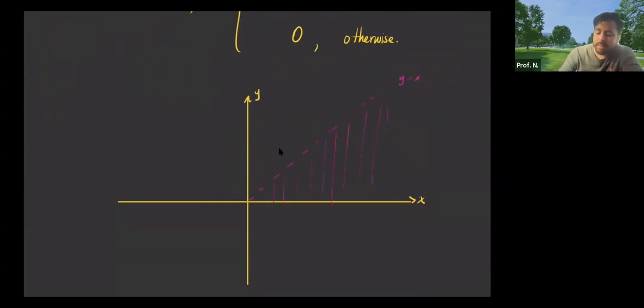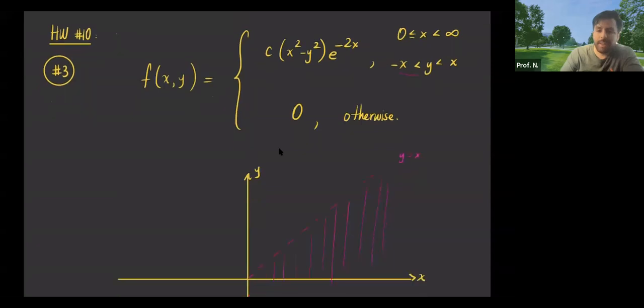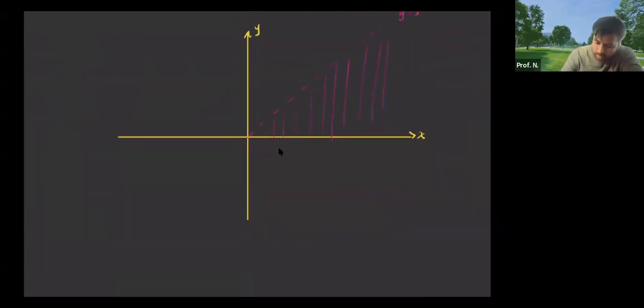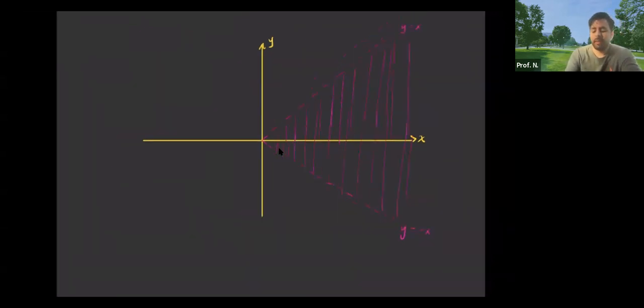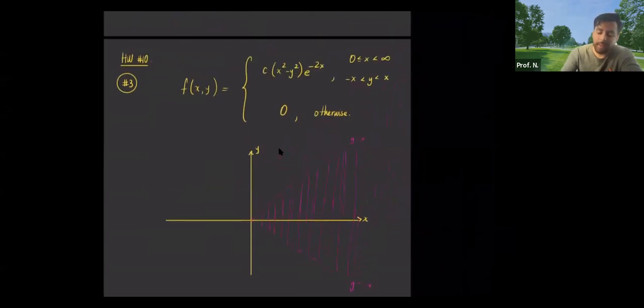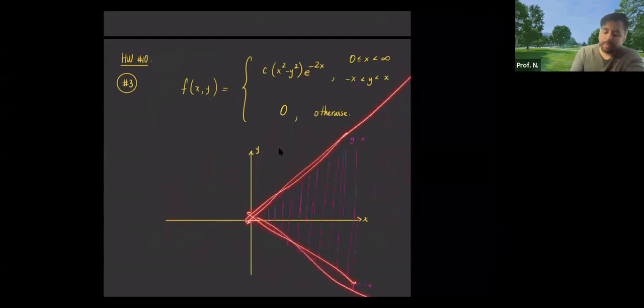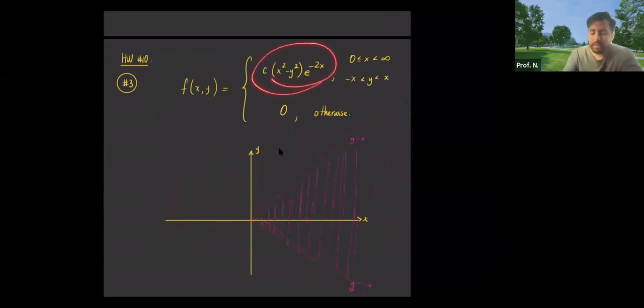At the same time, y is bigger than negative x. What's negative x? This diagonal line. But y is above it. So this is my region. Very important to understand what region I'm in. This is where f of x is defined. Everywhere else is 0. But in this triangular region that goes on forever, you have this function that you can actually graph.